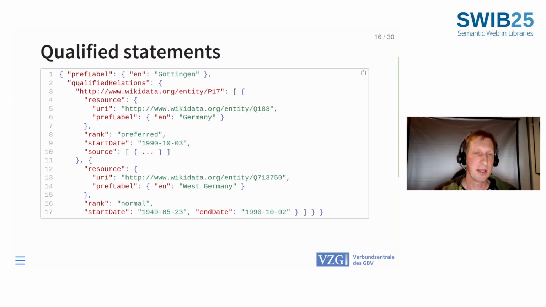So this example stores information about an entity named Göttingen, so my hometown Göttingen, and it has some qualified relations, so links between entities, and the relations have here a URI as field name. So if you don't know about this URI, you can't make use of this information. So you can add your own properties as you like, but the structure of the value is defined.